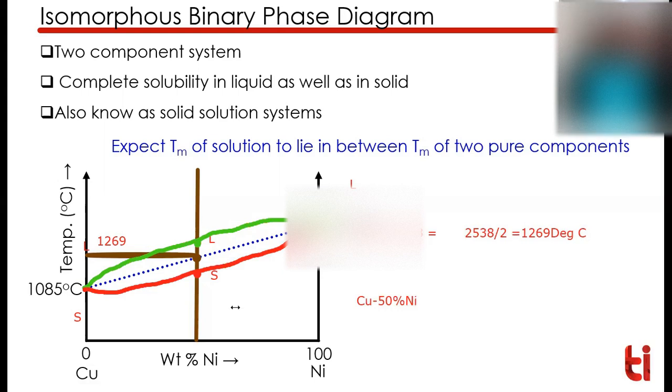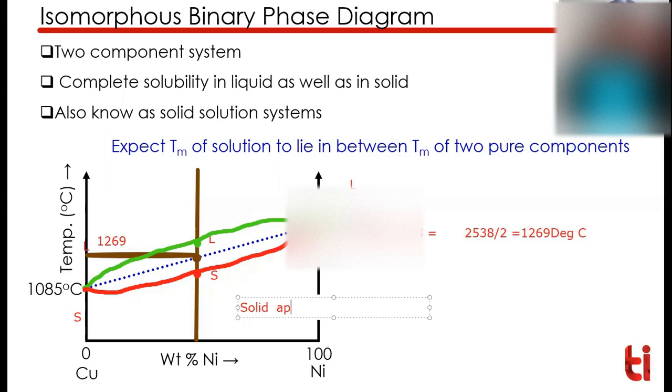This solid is basically a mixture of copper, which is FCC, and nickel, which is also FCC. So this is again a solid, but it's a mixture, so I cannot say this is pure copper or pure nickel. I'll give it a new name, generally a Greek name, alpha.